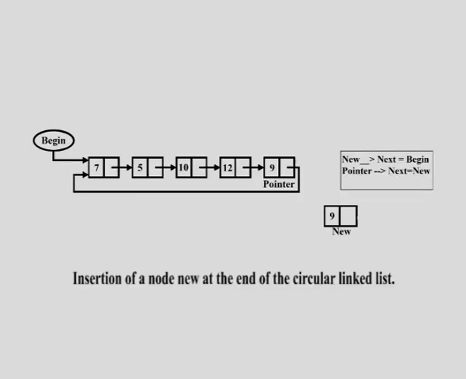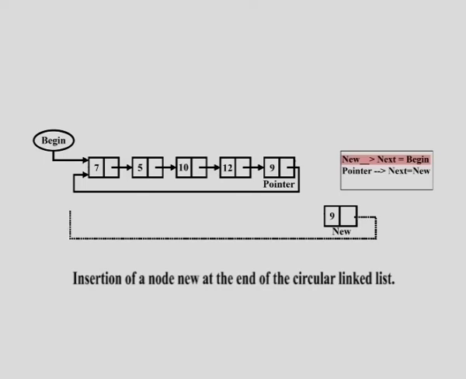Here is another example for insertion of new node at the end of linked list. Here in this figure, the node new is to be inserted at the end of linked list. To insert this node at the end, the following operations will take place. The dotted lines are the new links. First, the next part of node new will hold the address of first node of the linked list.